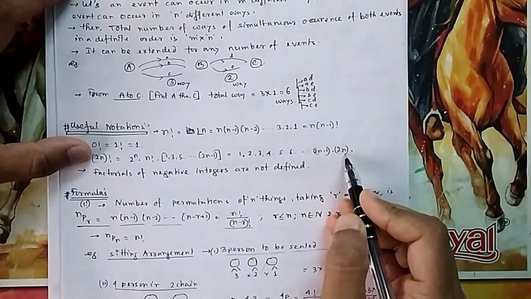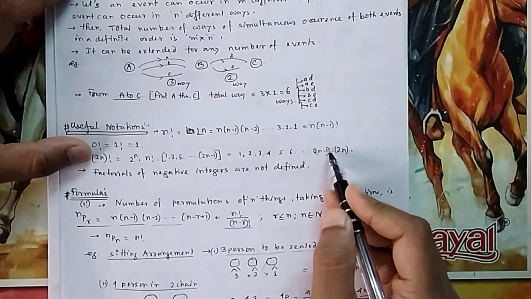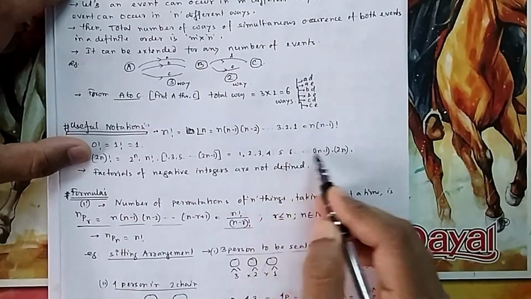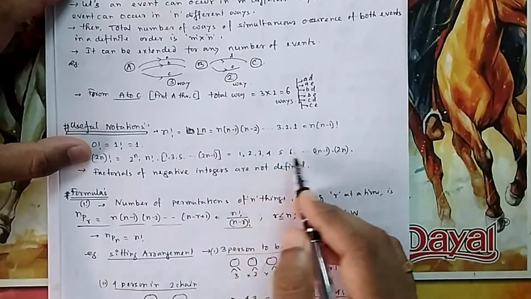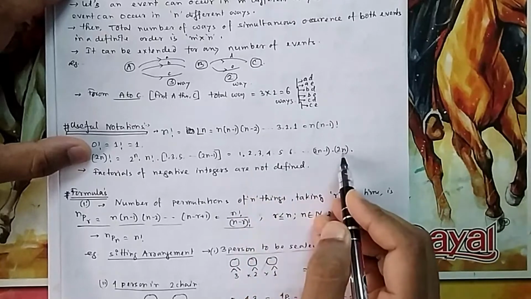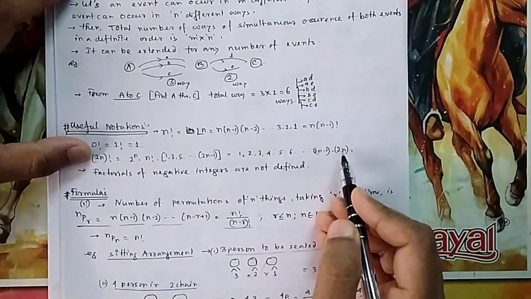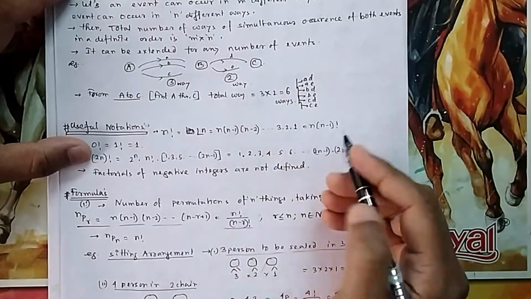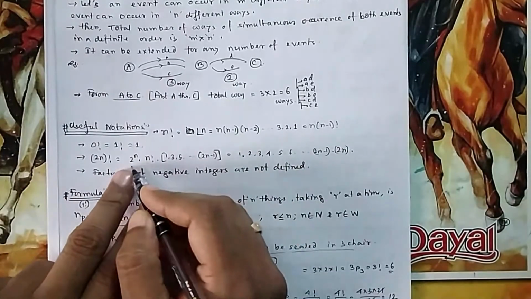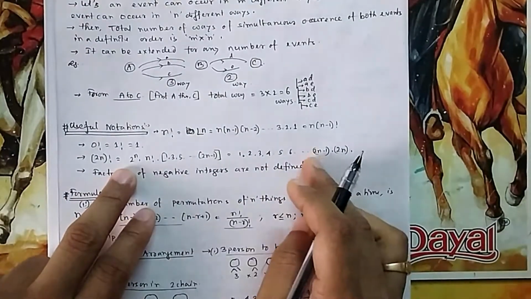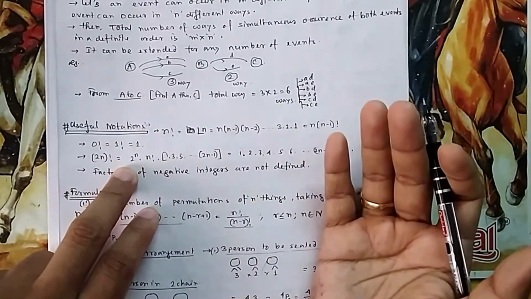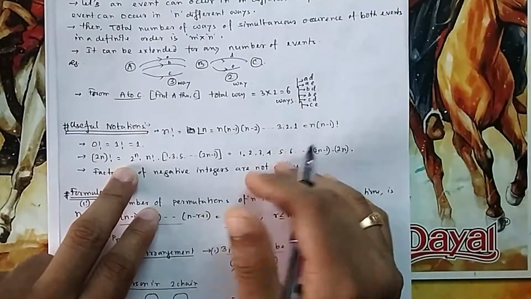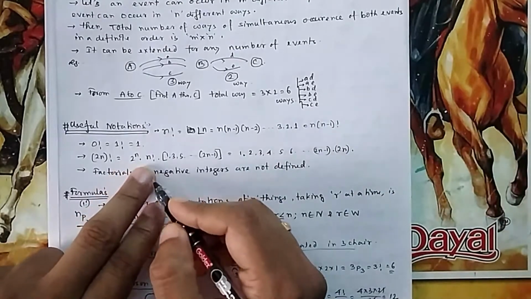2n factorial is 1, 2, 3 up to 2n. So you can take 2 common from the even numbers 2, 4, 6. Because in 2n numbers, n numbers are even and n numbers are odd, from the n even numbers you are taking 2 common, so 2 to the power n common.